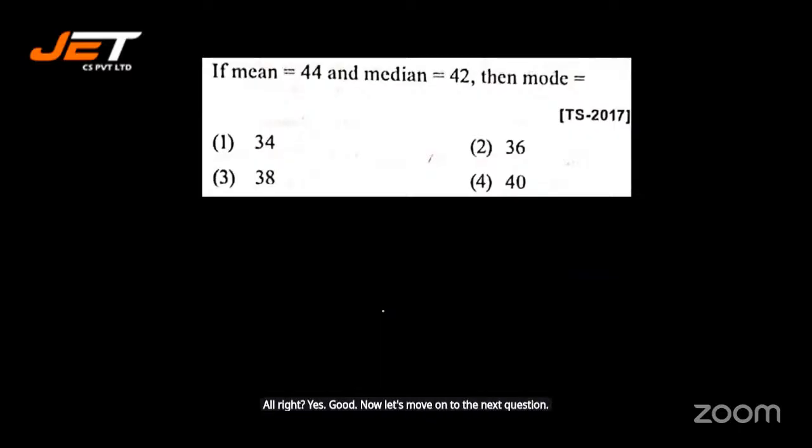Now let's move on to the next question. If mean is 44, median is 42, then what is mode? Again, a very simple formula you can use and then get the answer. To find the value of mode, 3 median minus 2 mean. Isn't it? 3 times median minus 2 times mean will give us the mode. Now with this, I'm sure you can give me the answer. I'm giving you time to work out.